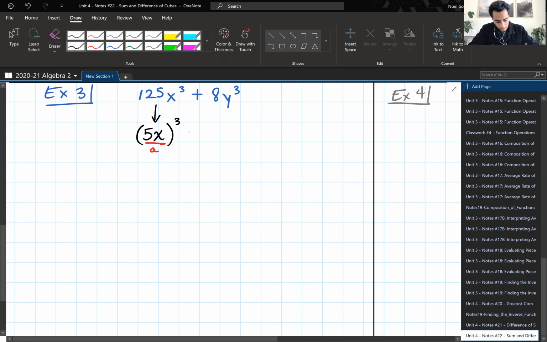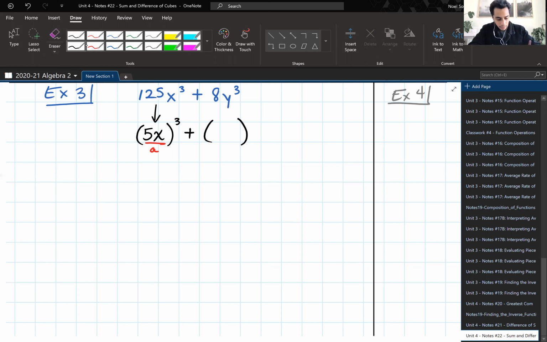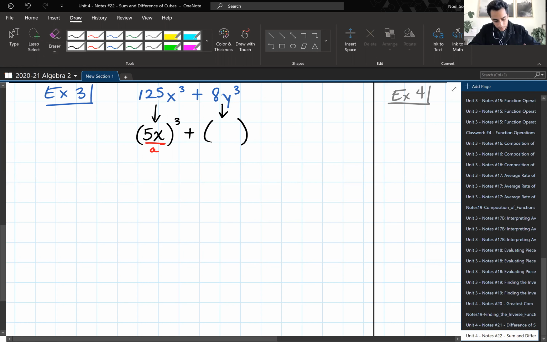Okay. This time we have our first sum of cubes. So the signs will look slightly different on the formula. And then we look to identify what was cubed in order to give us 8y to the third. We're familiar with 8. 8 comes from 2 to the third. And then we also need y.